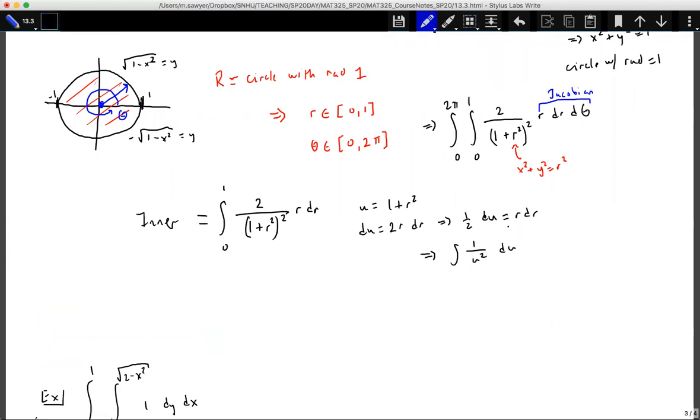Notice the 2 and the 1/2 cancel each other out. So this becomes -1 over u, which becomes -1 over 1 plus r squared, evaluated from 0 to 1.